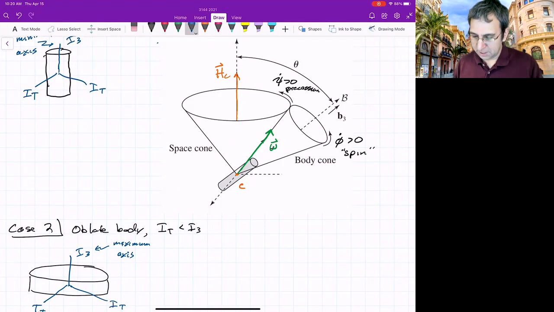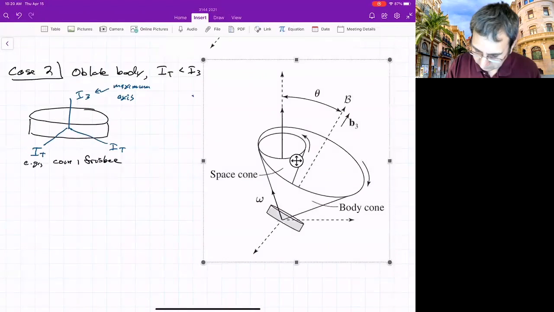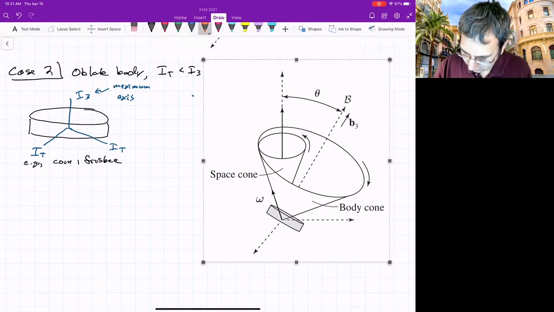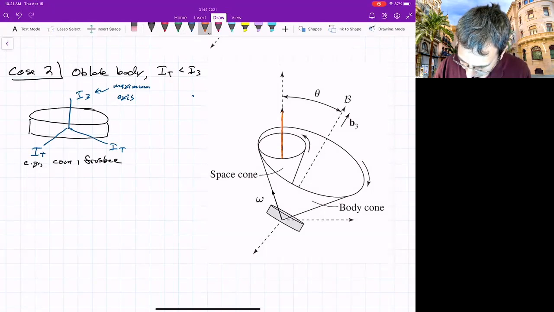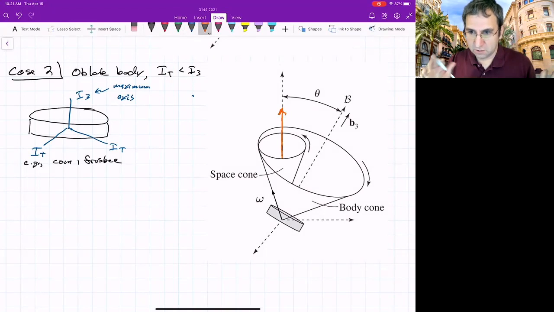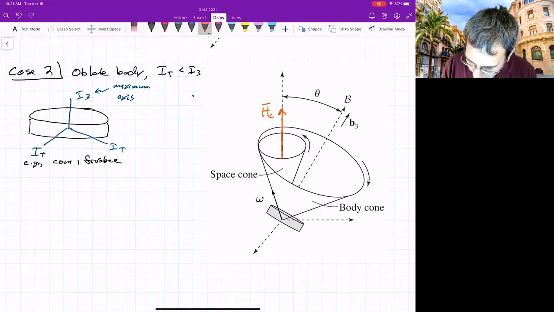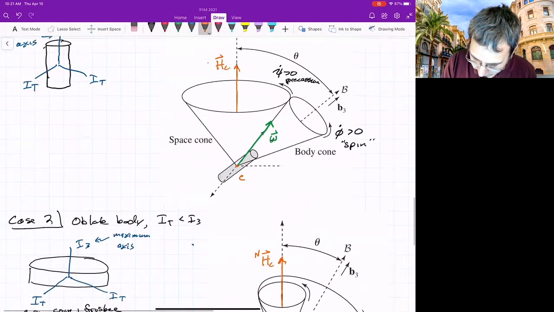Here we've got the space cone and the body cone are outside. For this other case, the space cone is inside the body cone. So we have the same thing in terms of what this vector kind of pointing up is. We've chosen this to be an inertially fixed direction. It's the angular momentum, with respect to an inertial frame.